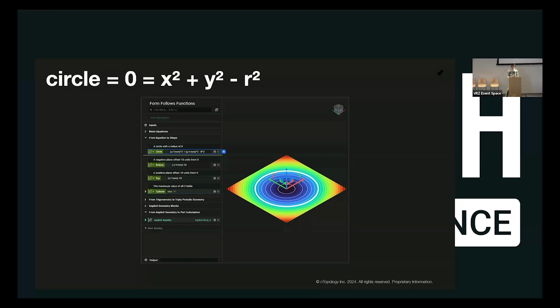A circle, for example, jumping from a function to geometry, is actually a really simple leap. All geometry in an implicit world is where the function equals 0. So x squared plus y squared minus r squared, there you have a circle. The blue interior of this model is the inside and everything else is the outside. So negative values inside, positive values outside.